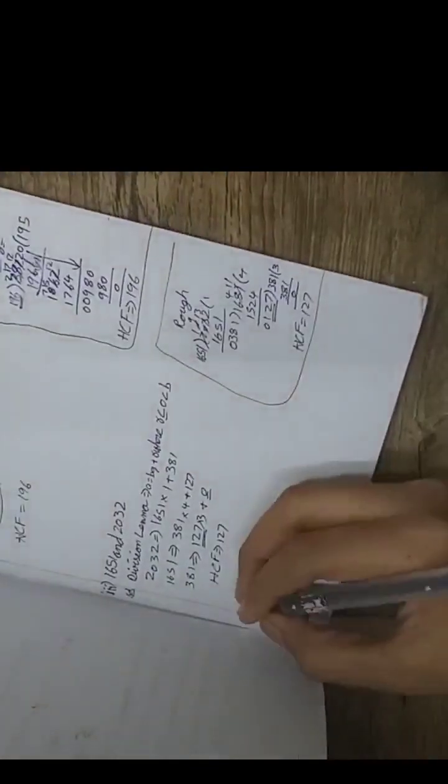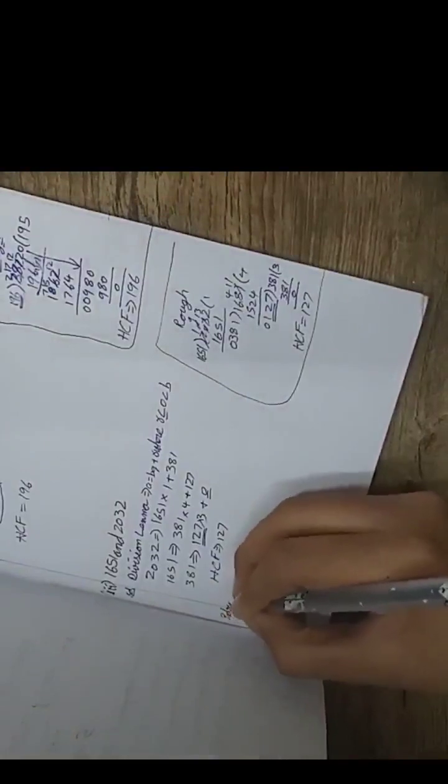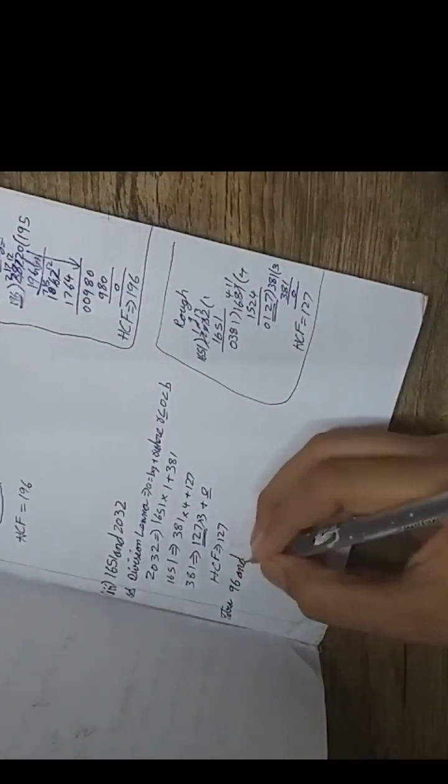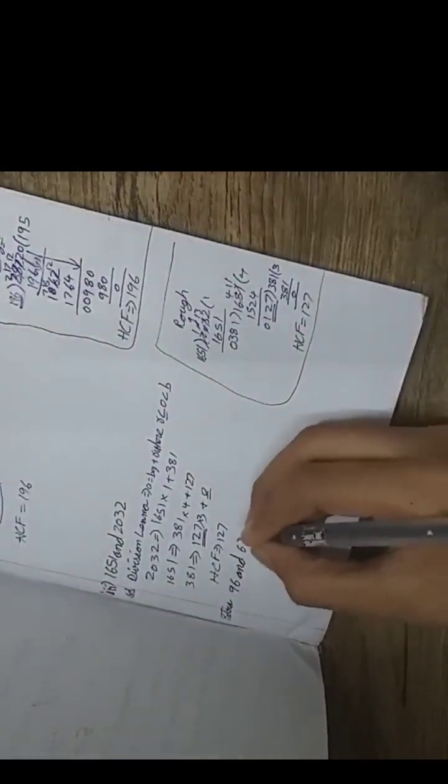Let's do an extra sum: 96 and 672. First of all, let's write the division lemma.